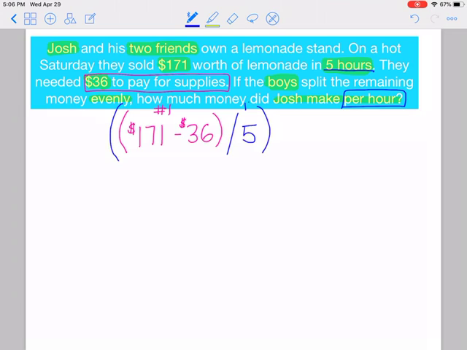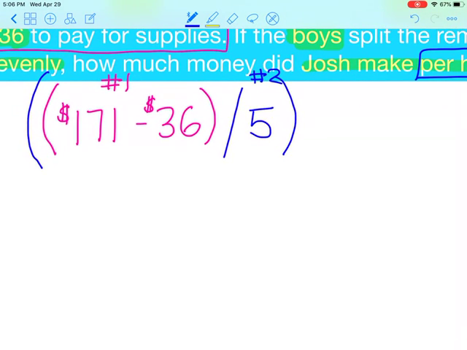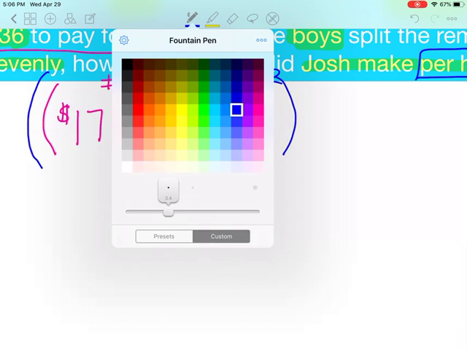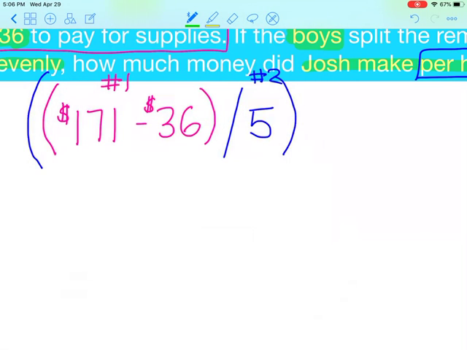This is step number 2. And maybe I'll zoom in a little bit so you guys can see. So the third and final step is to figure out, they don't want to know how much the boys made together. They only care about how much Josh made. So you have to divide this total by 3 to figure out how much did each boy make.